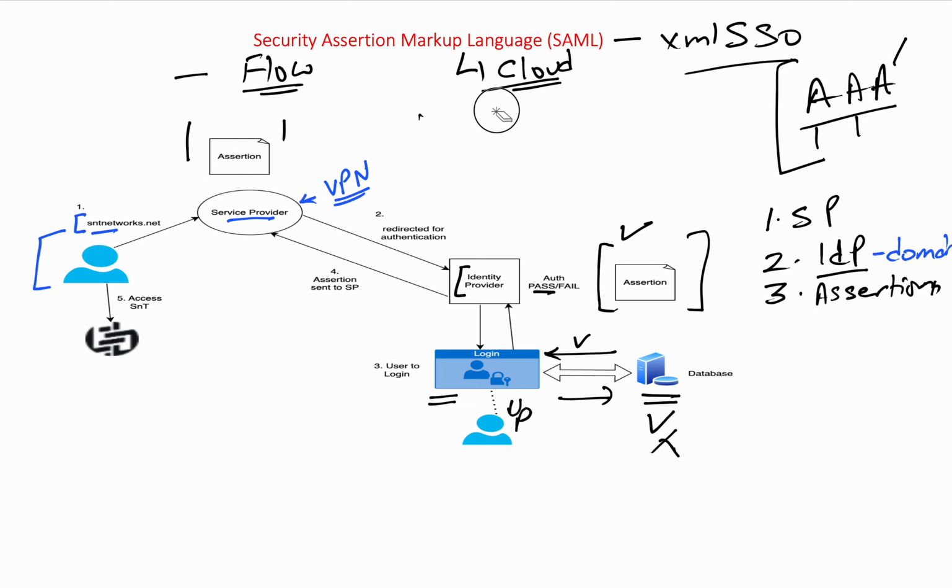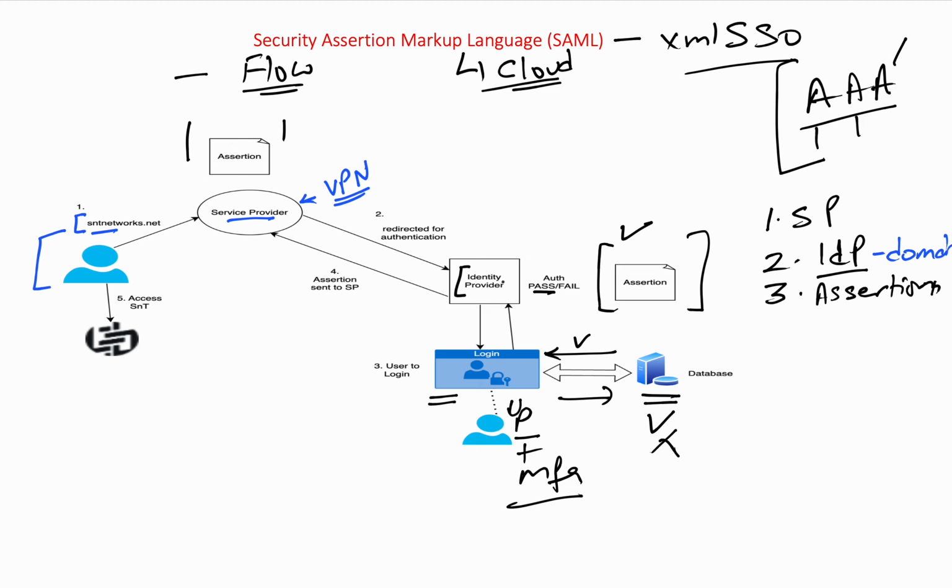So once the integrity is checked, then we move on to a different aspect. Then we use that assertion, right? And the assertion will only be created when your username and credentials are right, plus if you have multi-factor authentication, right? If your credentials are correct, if you pass the authentication, only then the assertion will be created.